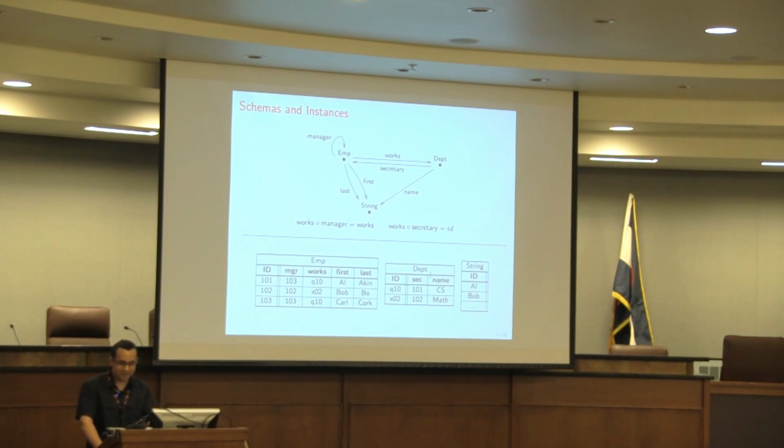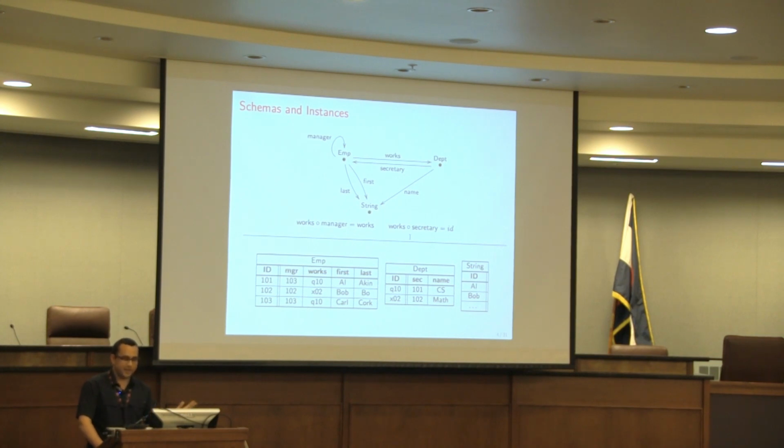The departments are CS and math, we all know and love, and then you have a table which is essentially a set of strings over here, but we usually don't write that one down because it's pretty large. And then you can check that these equations hold in this instance here, that you can see that each secretary does in fact work in the department that they are the secretary for.